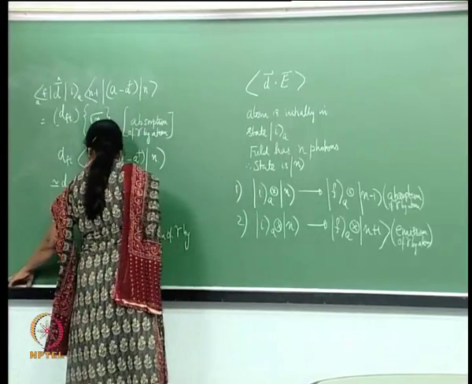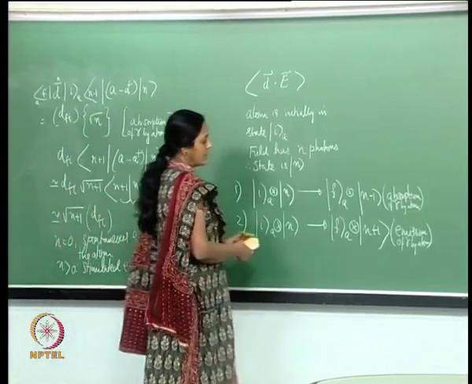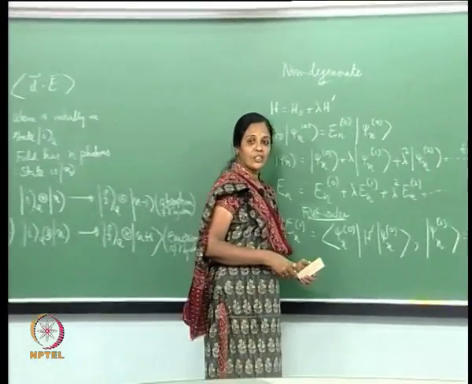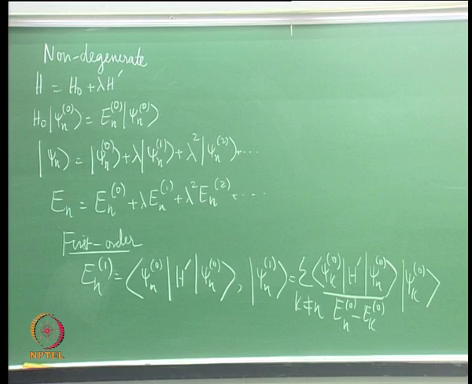The next thing I wish to discuss is degenerate perturbation theory. Now look at the expression for psi n1. In the denominator, suppose there is degeneracy and En0 equals some Ek0, the denominator blows up and the perturbation formalism as such will not hold unless the transition matrix element in the numerator is also 0.